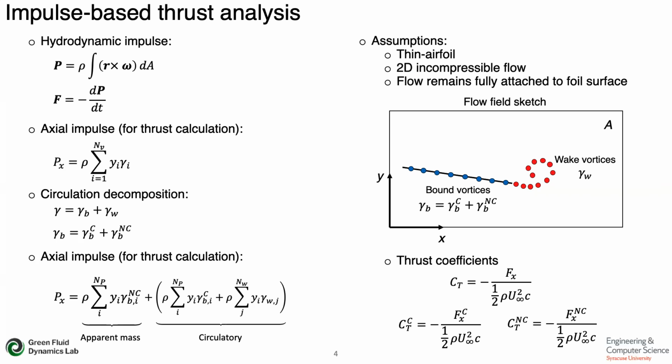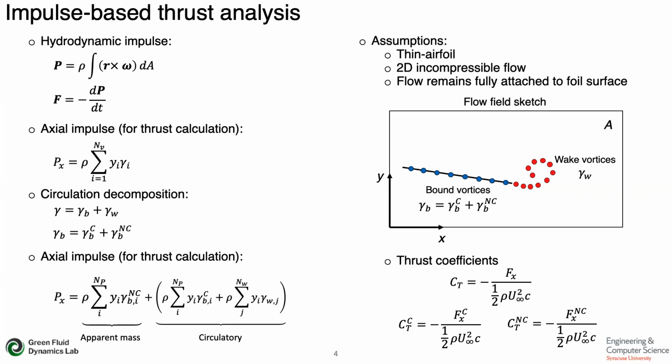Since we're interested in thrust here, we can take the axial component of the impulse, which is defined as the sum of the product of the circulation gamma and the cross-stream position y. Note that the circulation gamma includes the bound circulation gamma sub b and wake circulation gamma sub w. And then we can decompose the bound circulation into circulatory and non-circulatory component.